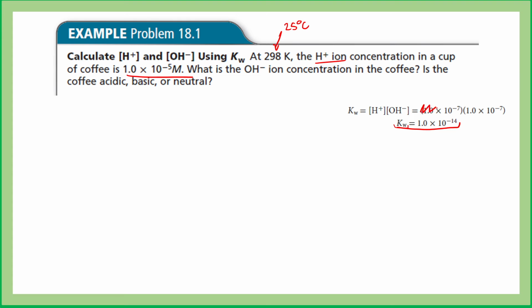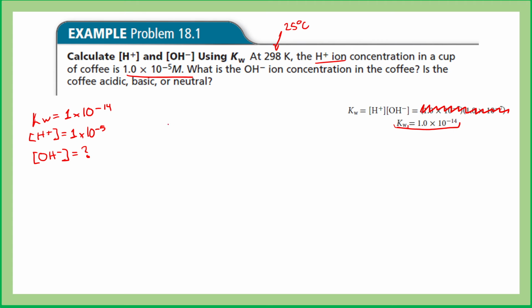Let's forget about this for a moment because this is for water, and here we are dealing with coffee. So we have two known values, Kw, 1 times 10 to the minus 14, and the hydrogen ion concentration, which is 1 times 10 to the minus 5. And they are asking about the hydroxide ion concentration.